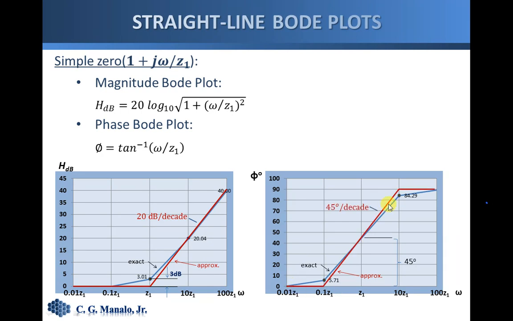So it is also a straight line Bode plot for the angle. So at 0.1 z1, instead of 5.1 degrees, it has a value of 0 degrees. And after that, it makes a 45 degree per decade slope up to 10 z1, after which it is flat.